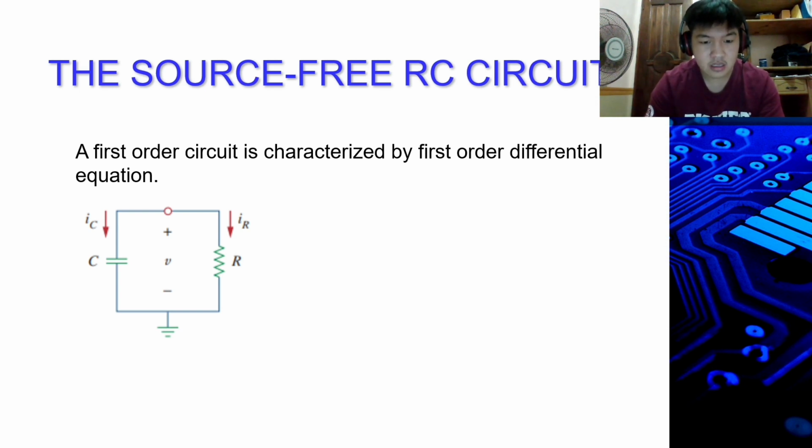So in our analysis of the RC circuit, we can still apply Kirchhoff's current law. We just have a capacitor with a resistor. It is no longer a simple algebraic expression that we get when we apply KVL or KCL, but rather a differential equation.